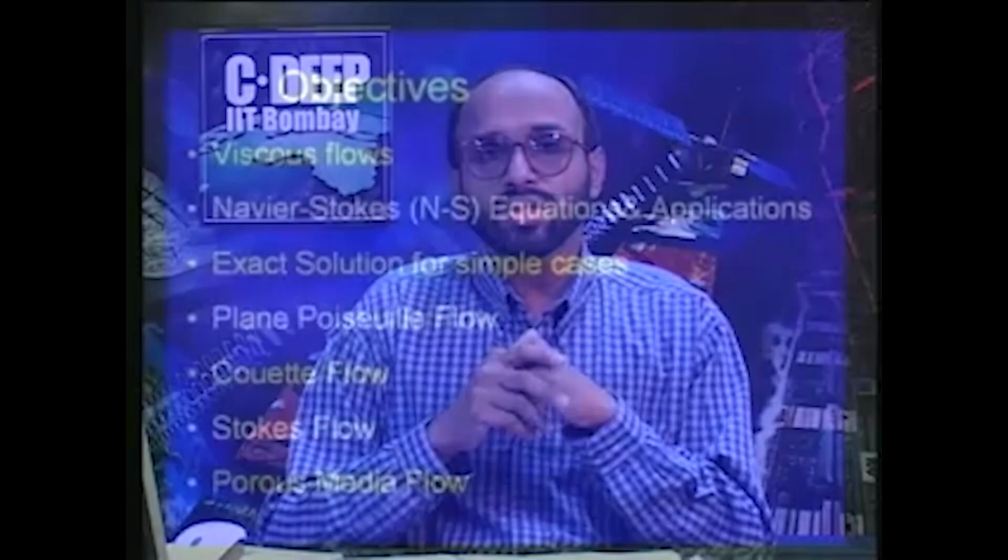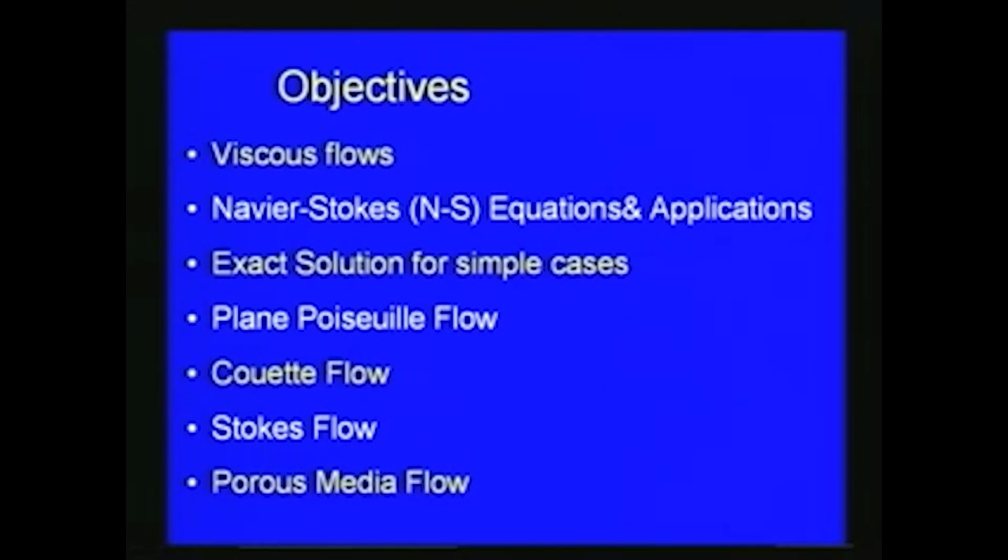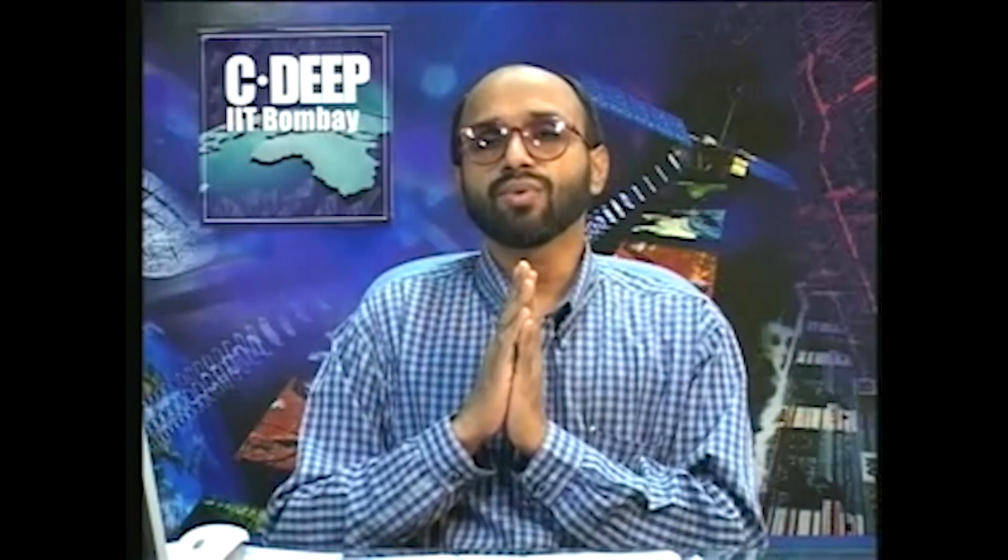The objectives of this chapter on Navier-Stokes equations and applications: first we will see viscous flows, the importance of viscous flow, and how generally we try to solve viscous flows. Then we will derive the Navier-Stokes equations, discuss briefly their applications, and discuss the exact solutions for some simple cases.